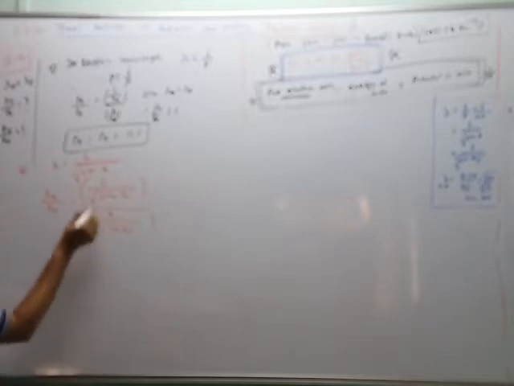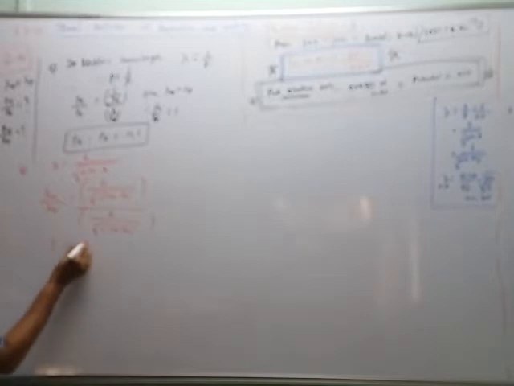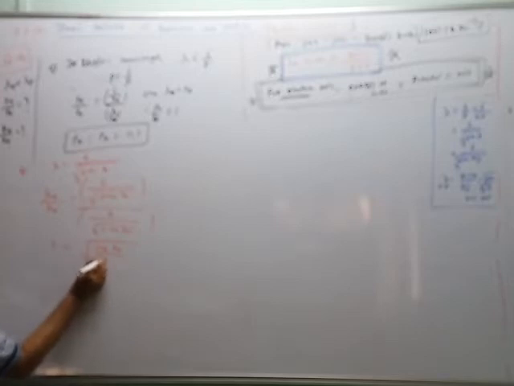So these two wavelengths are equal, therefore 1 is equal to, h will get cancelled, 2 will get cancelled, and therefore under root mass of the proton, kinetic energy of the proton upon mass of the electron, kinetic energy of the electron.